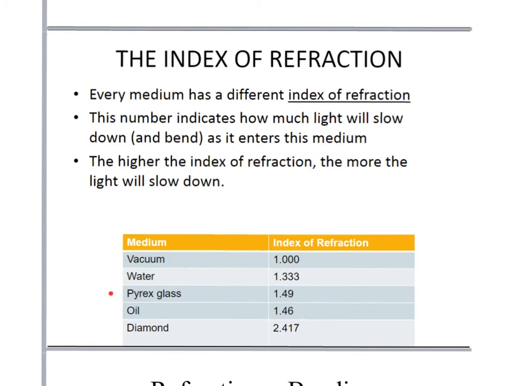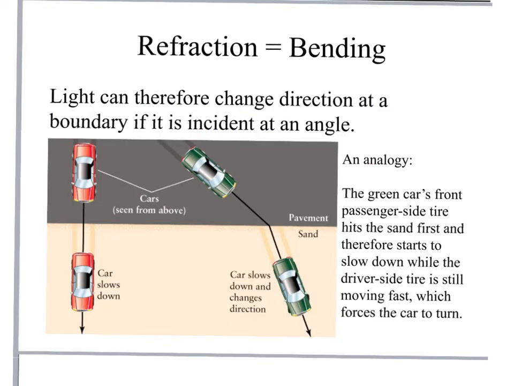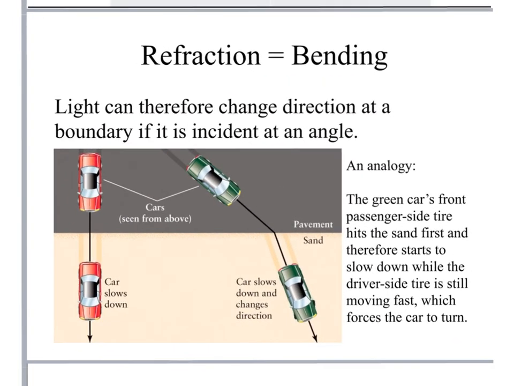When it crosses the boundary between two media, the light will bend, and it is a direct result of this change of speed. So refraction means bending light. Light will change direction at a boundary of two media.